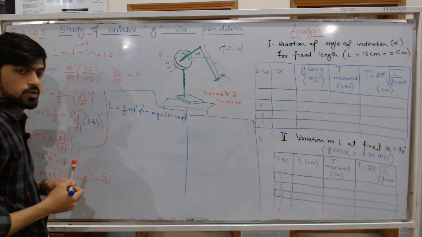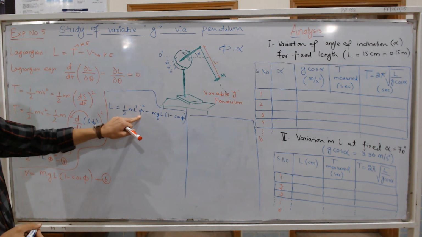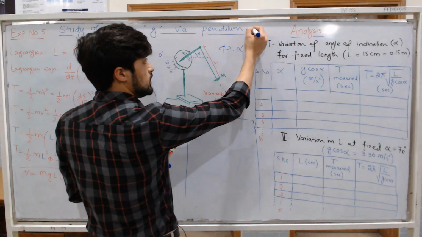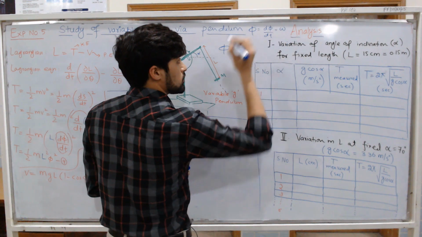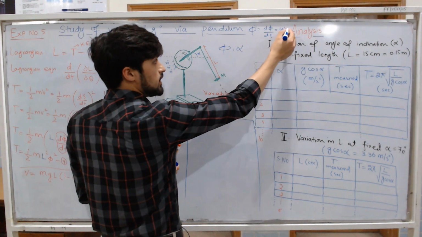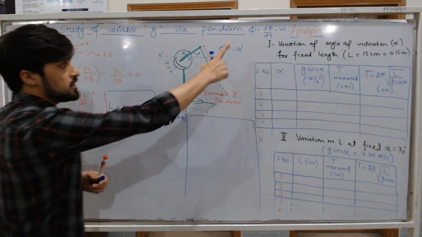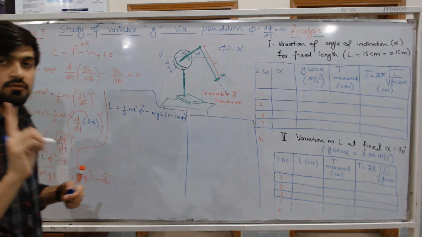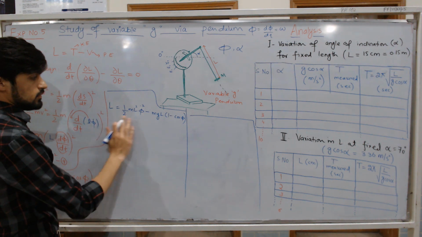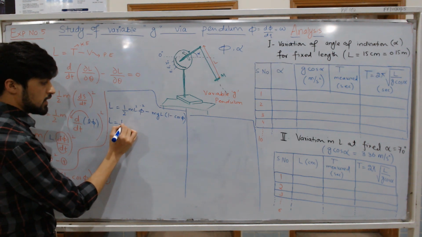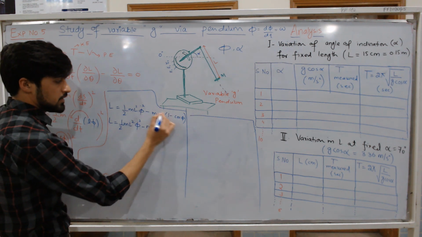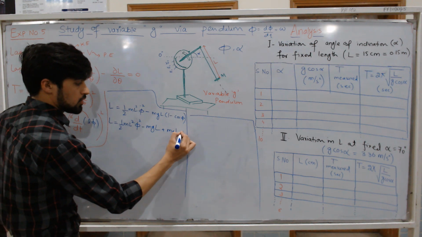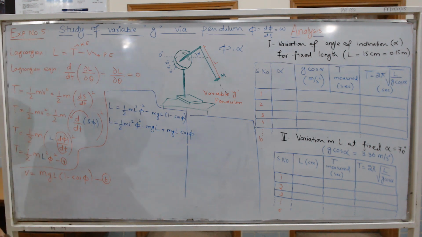Phi dot is d phi over dt, and it represents the angular velocity. If it is double dot, it represents the angular acceleration. So L is equal to half m L squared phi dot squared minus m g L, and minus into minus is plus, so plus m g L cos of phi.